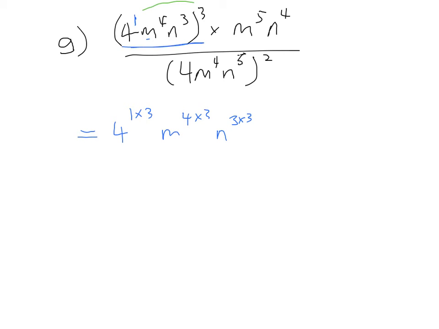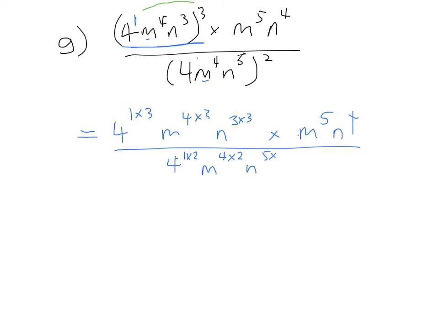So that's just expanding that bit out. Times m to the 5, n to the 4, all divided by, same thing down the bottom here, 4 to the 1 times 2, m to the 4 times 2, and n to the 5 times 2.